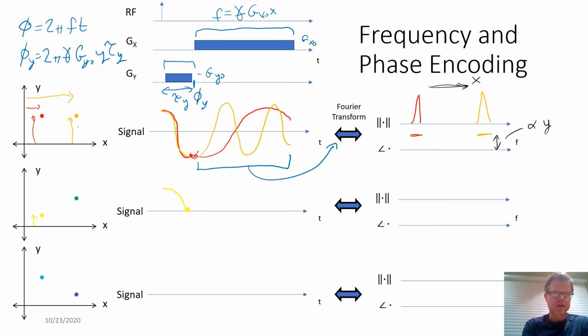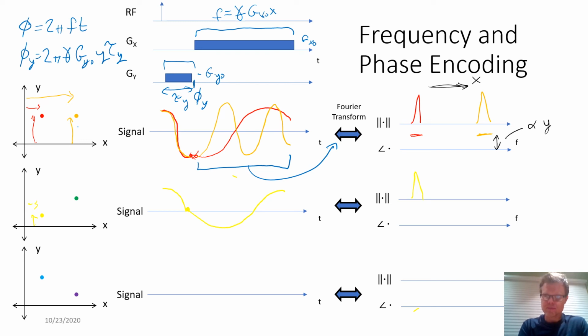And then it's also at a lower position in x. So it's going to have a slower rate of oscillation in x. So it's going to end up at this lower frequency in the Fourier transform. So this signal has a lower frequency. And then the phase it accumulated, which corresponds to this offset here, is going to be less.